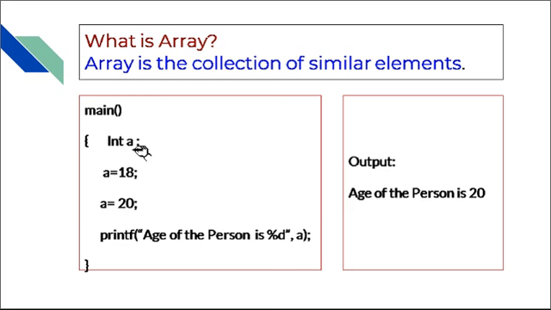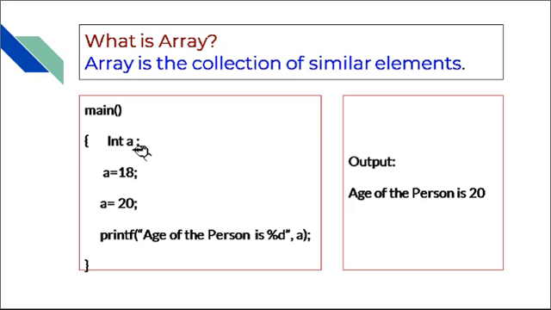Here in this program, first you have assigned the value 18 to the variable a. 18 is stored in the location a. Immediately again you are overwriting the location a with 20. That is, the previous value 18 is overwritten with the new value 20.